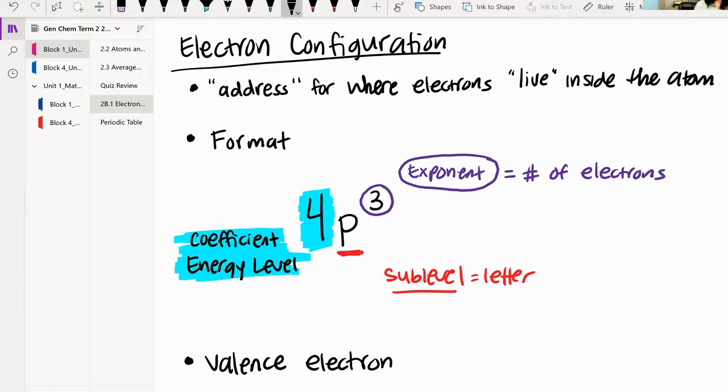Another vocabulary word, valence electron.